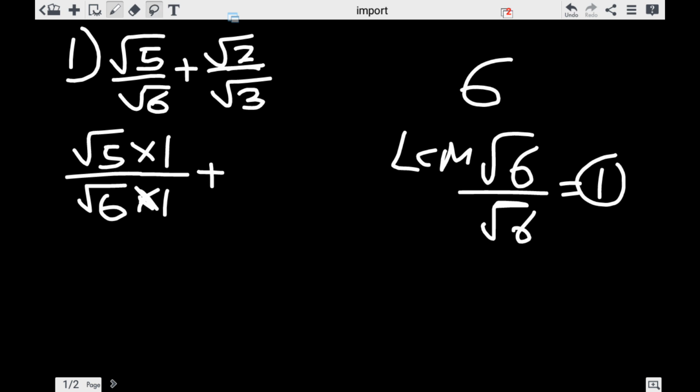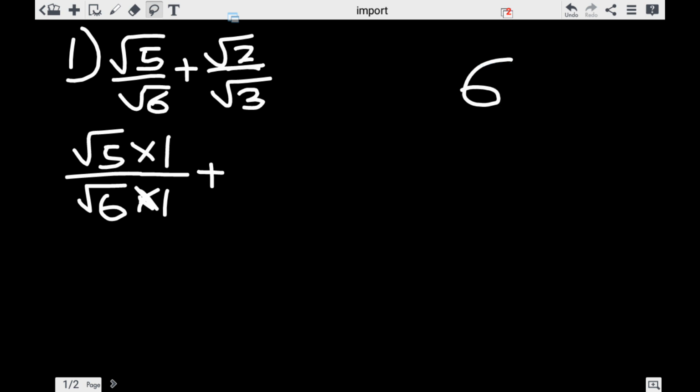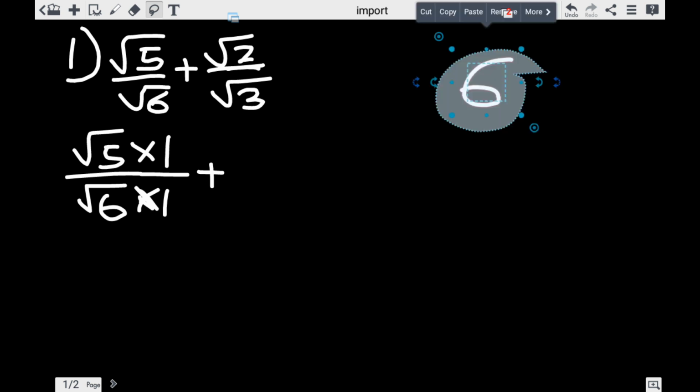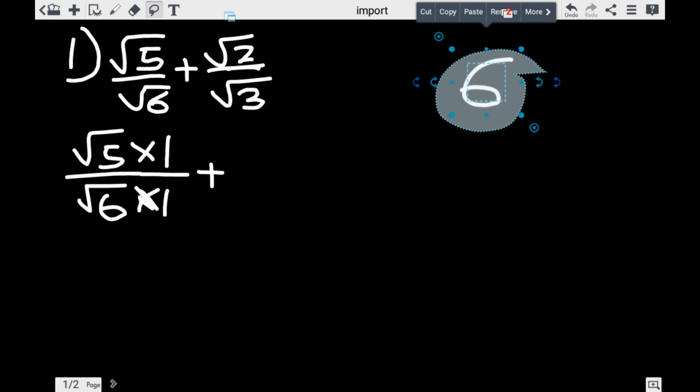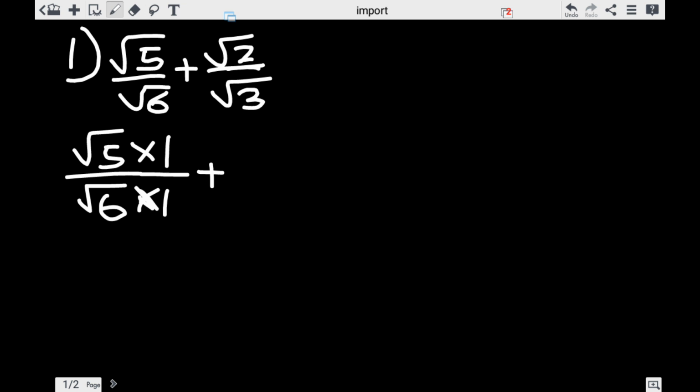Keep in mind that the LCM is root 6. Divide your root 6 by root 3. Root 6 divided by root 3 is root 2.